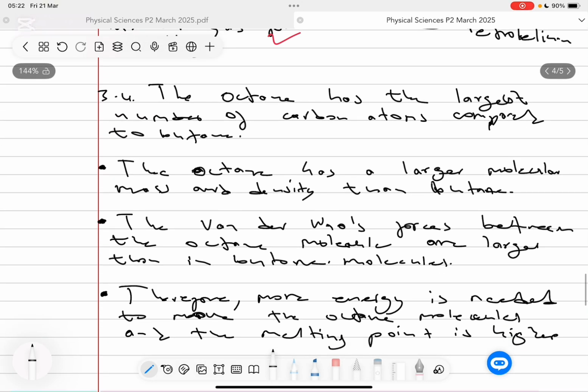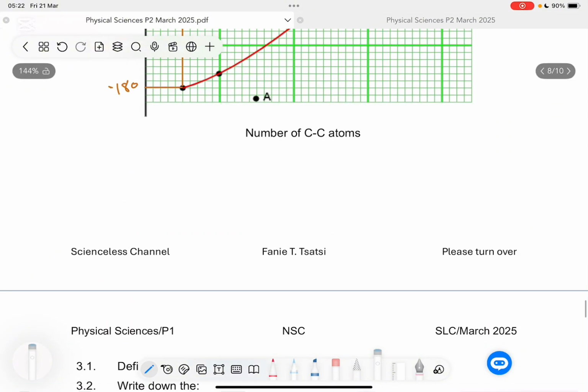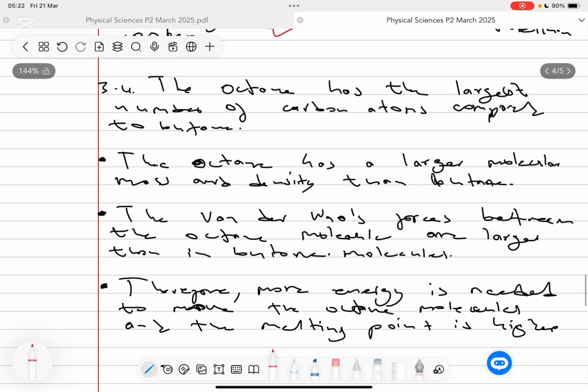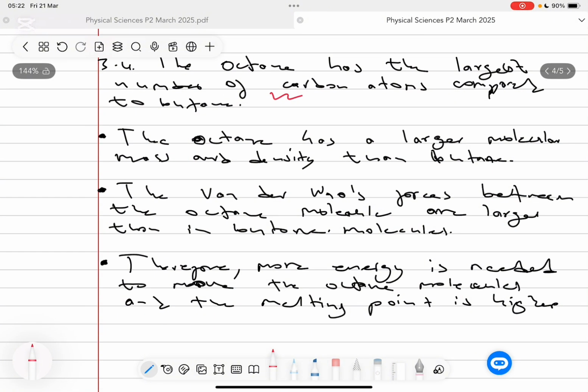I tried to write this in point form because I noticed that this question is marked out of 4. So you need to put the 4 points. And these are actually your 4 points to say, firstly, we have a larger molecule compared to a small molecule. And because large molecules will have a larger molecular mass and density, that also will give you another mark.